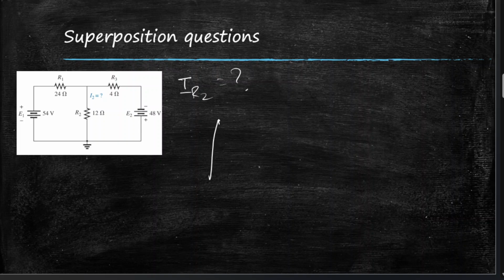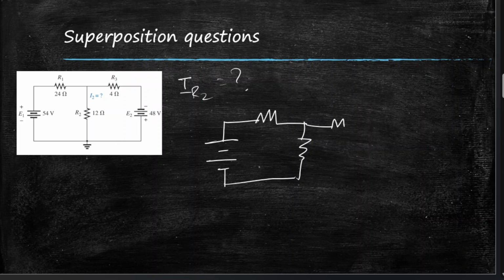A short circuit, and then we are analyzing for E1. So E1 will stay as it is, and the resistors will remain as they were, and then we'll replace E2 with a short circuit.